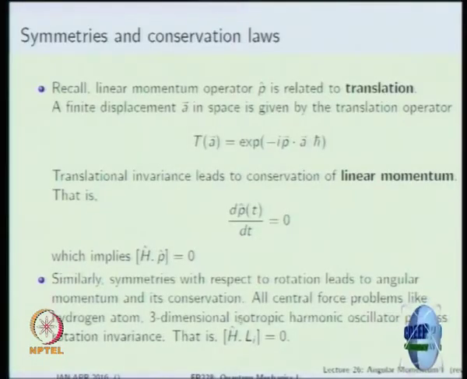Okay. So the 3-dimensional isotropic harmonic oscillator, isotropic in the sense its frequency of oscillation along x, y and z are the same. You can write x squared plus y squared plus z squared is r squared. That is also like a central force problem. So in all these cases you can show that it has rotational invariance.